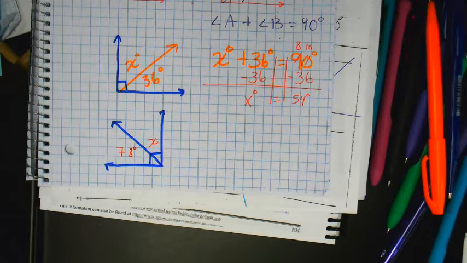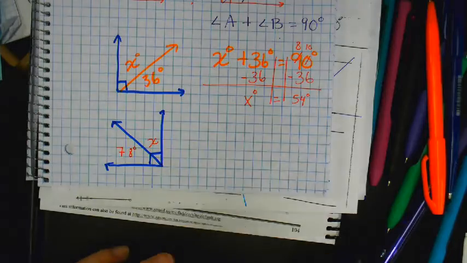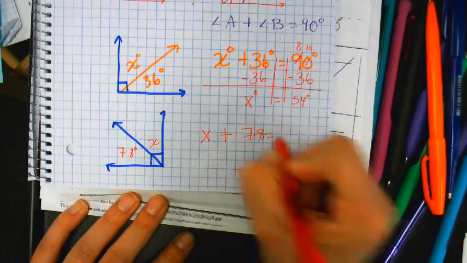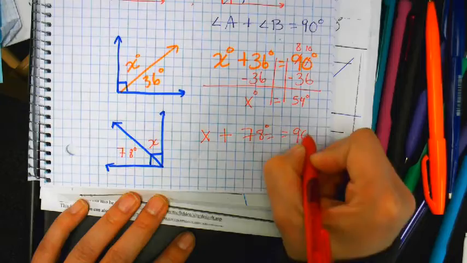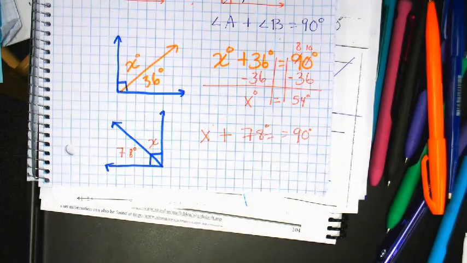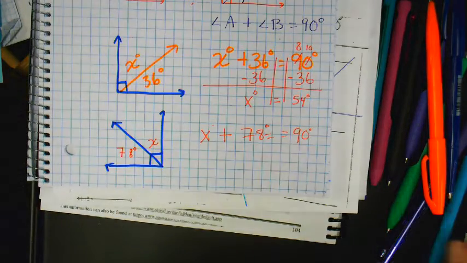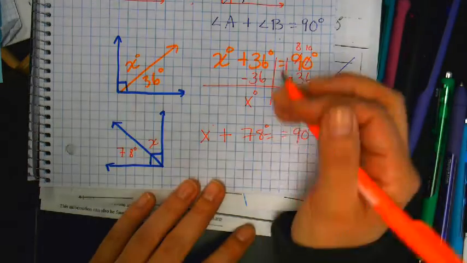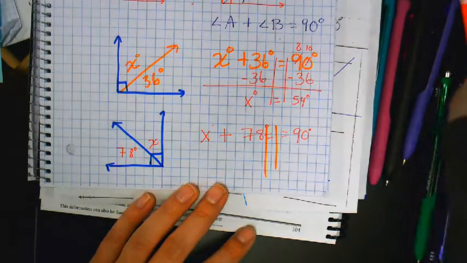What's my equation? X plus 78 degrees equals 90 degrees. I know it seems like, why am I doing this? Trust me. We're going to deal with some harder problems in a second that you're going to be like, oh, I see.